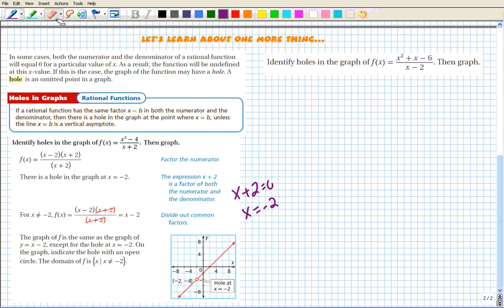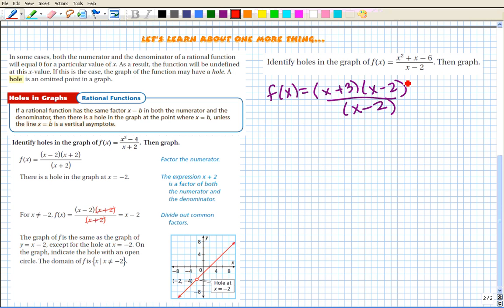So let's look at another example that doesn't have so many 2's in it, because I feel like that one makes it a little bit confusing. So we want to identify the holes in the graph for this function. First of all, let's factor that numerator. It multiplies to negative 6 and adds to positive 1. Well, that's x plus 3 and x minus 2, over x minus 2.